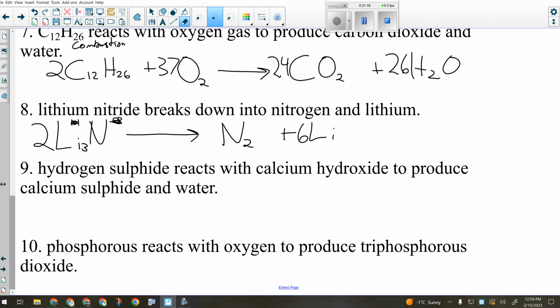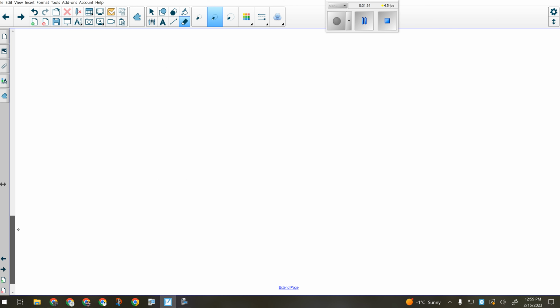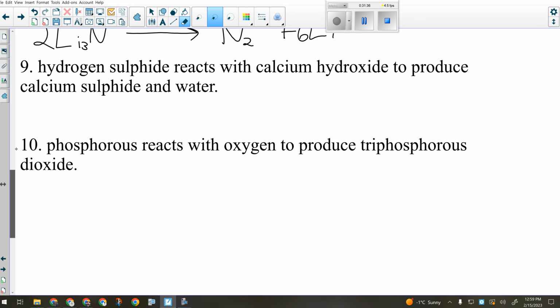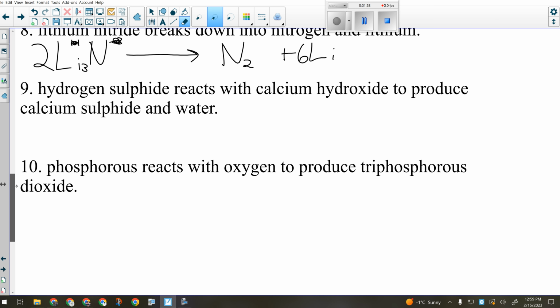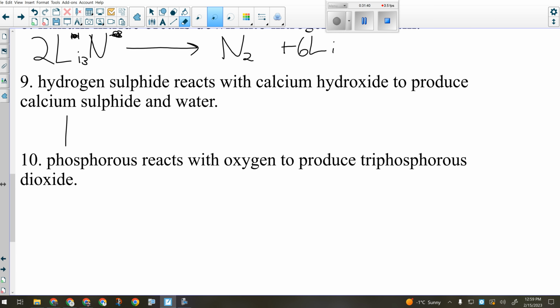Yeah. How many people have done number 9? Okay. So for number 9, we've got hydrogen sulfide, so H with S. This is a +1, and that's a -2, so H2S. It reacts with calcium hydroxide.